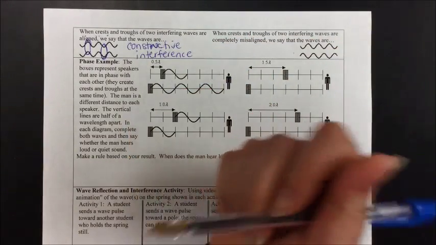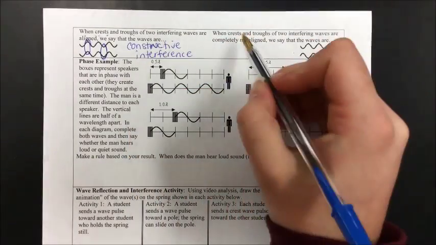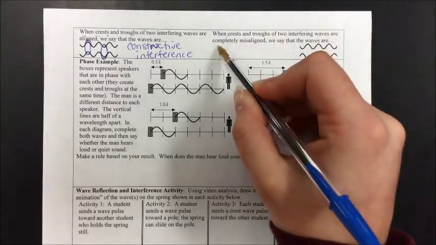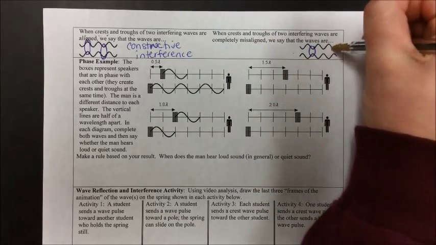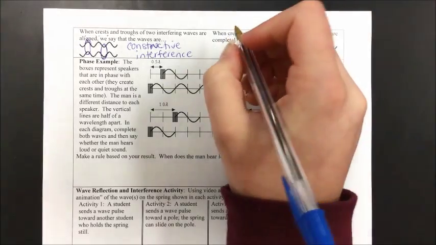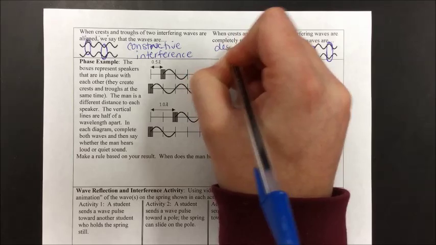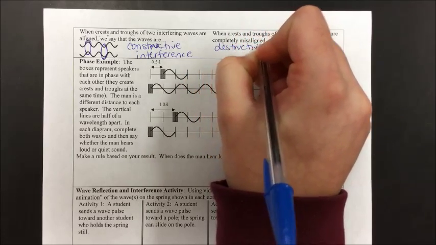And so constructive means that they're going to add together. When the crest and the troughs of two interferers are completely misaligned. So here we have a crest and a trough lined up, and then here we have another crest and a trough lined up. Then that is when we have destructive interference.